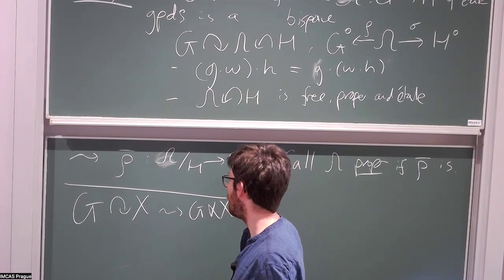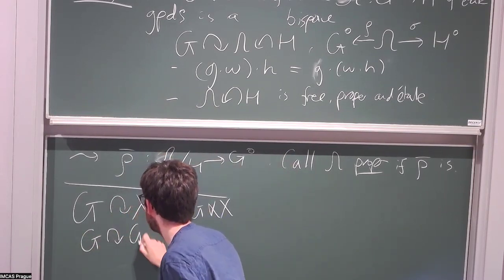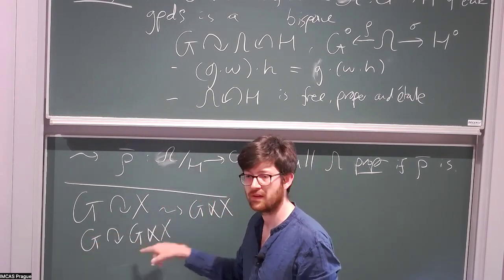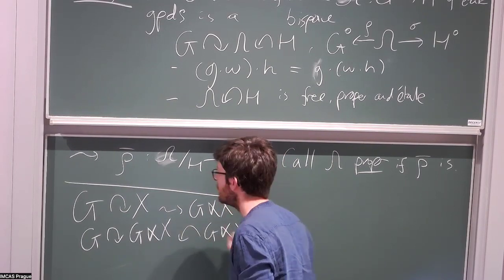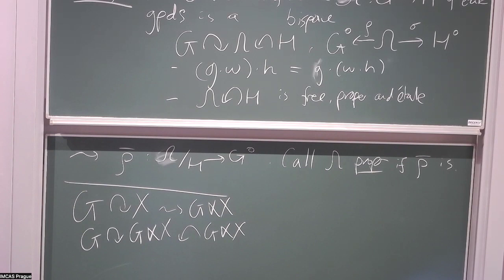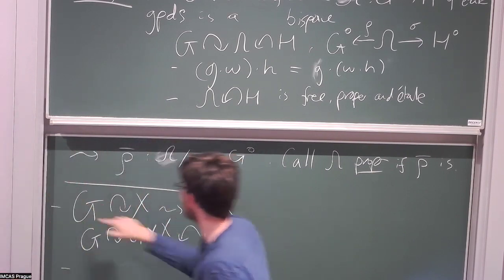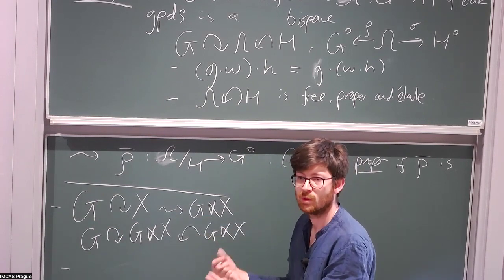And now G acts on the transformation groupoid by just translating this bit, and this acts on itself. So this gets you into this sphere here. This can be quite useful. Whenever you have an action, you now get one of these morphisms between your original groupoid and your action groupoid.